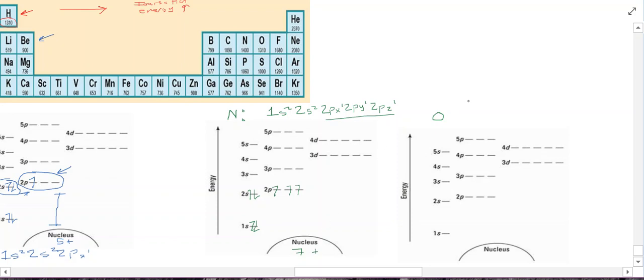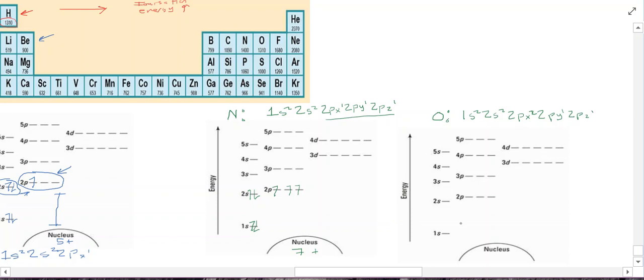Now if we take oxygen, on the other hand, its electronic configuration looks like this: 1s2, 2s2, and then 2px2, 2py1, and 2pz1.